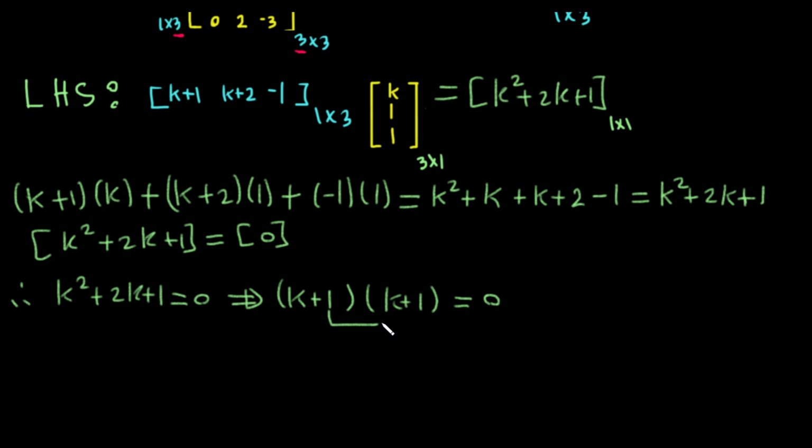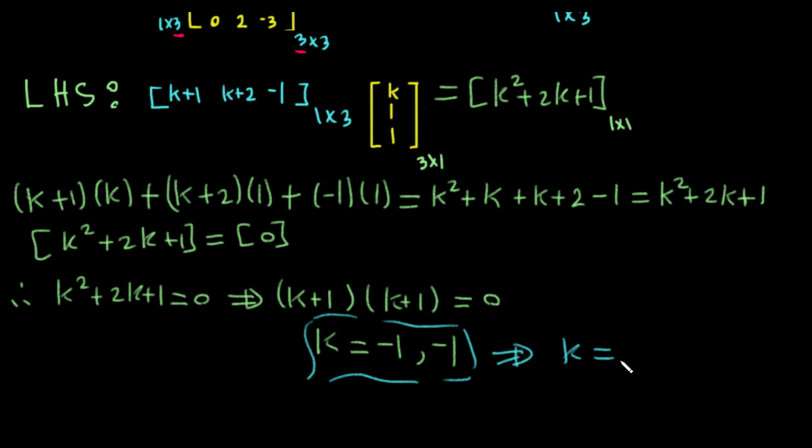As you can see, this one is equal to k, this one is equal to k. Add them together, we get 2k. So the solution of this equation is k equals negative 1, which is the root of this equation. So finally, we find k. We can write k equals only negative 1, because we are only finding the value of k. So here k is negative 1.